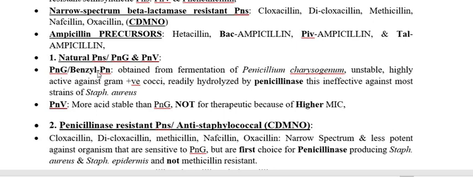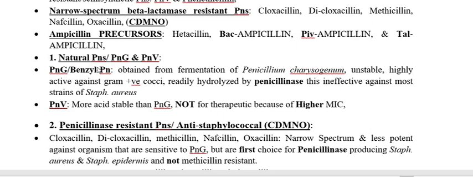Penicillin G is also called benzyl penicillin. It is isolated from Penicillium chrysogenum or Penicillium notatum, that is the historical one, which was discovered by Alexander Fleming. The drawback with this penicillin is that penicillin G is acid labile.